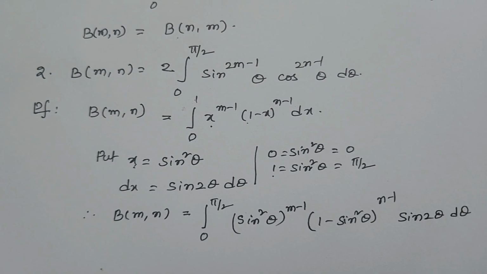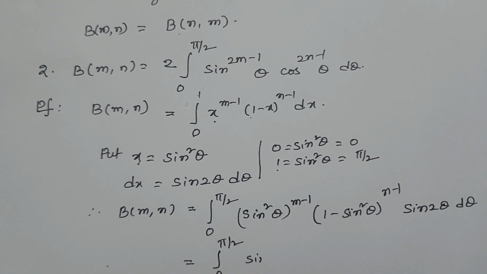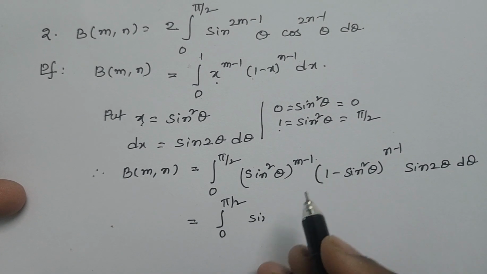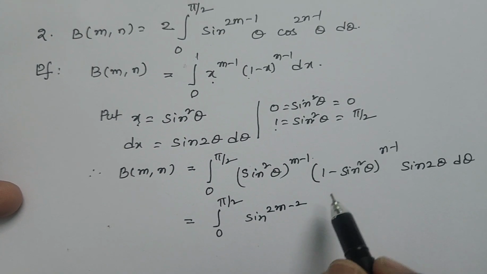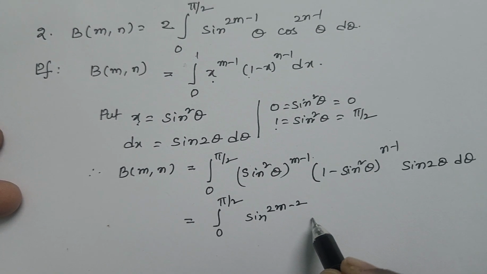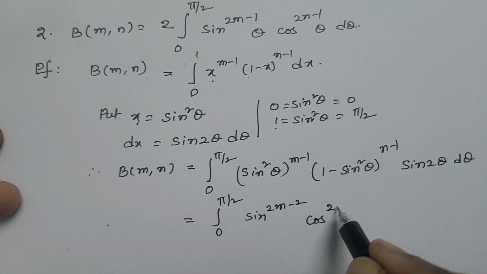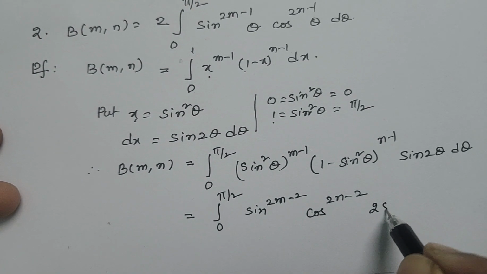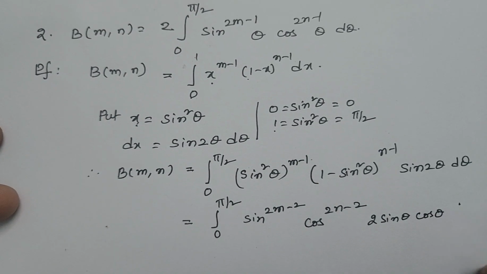d theta. So this is equal to the integral from 0 to pi by 2 of sine to the power 2m minus 2, and 1 minus sine square theta is cos square theta, so cos to the power 2n minus 2, and sine 2 theta can be written as 2 sine theta cos theta d theta.